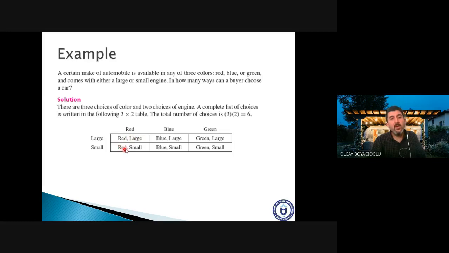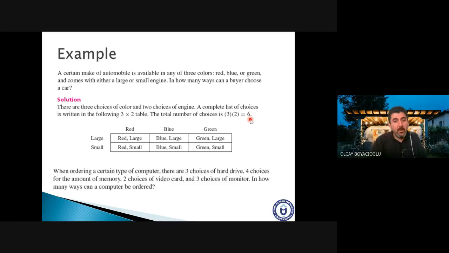You can get a red car with a small engine. Same thing, blue car, large engine, blue car, small engine. Green, large, green, small. So there are 6 different possible purchases that you can make from this make of automobile. Okay, very simple.